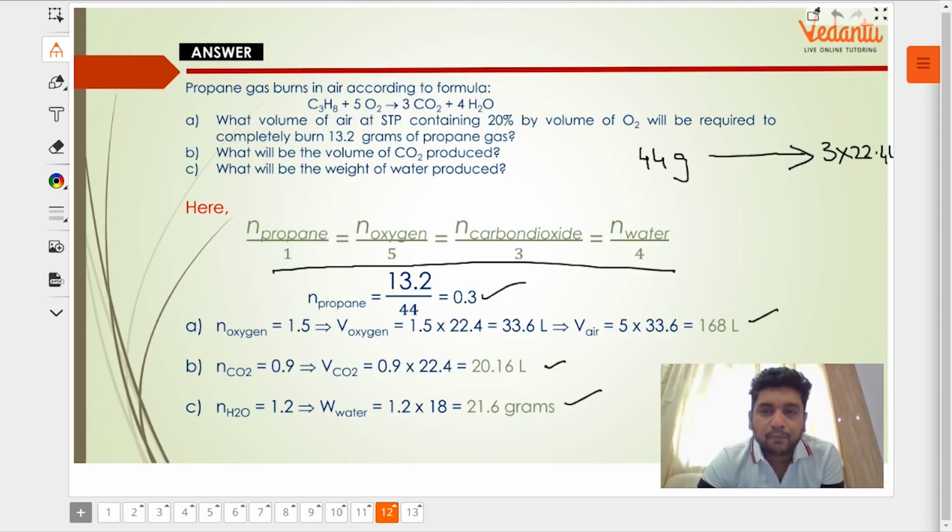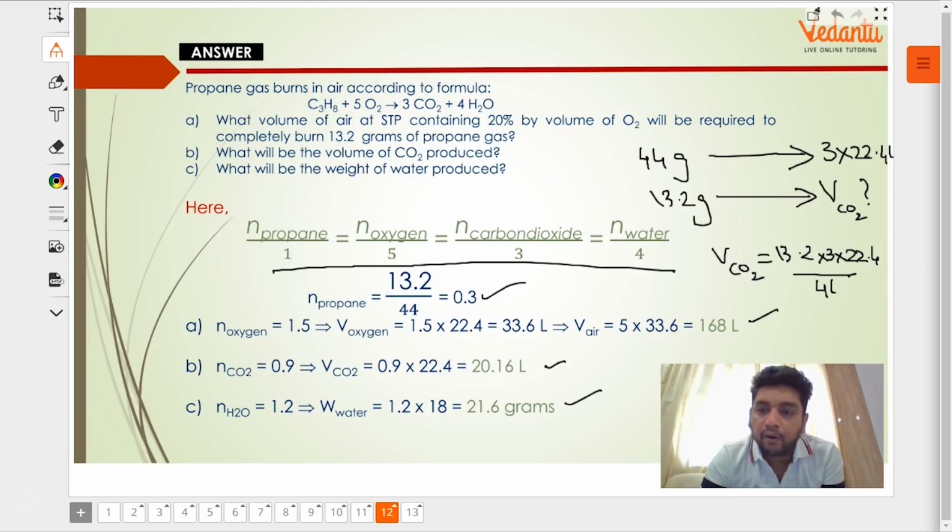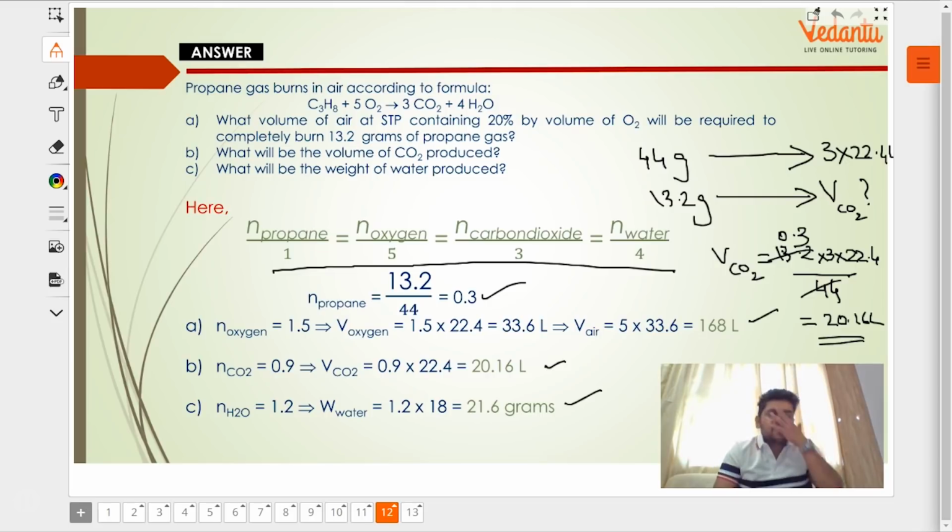Then what will my 13.2 gram give? ठीक है, volume of CO2 जो कि question mark है. Cross multiply, you will get volume of CO2 is equal to 13.2 into 3 into 22.4 divided by 44. तो ये आएगा 44 और इसके बीच में 0.3 है, तो 0.3 into 3 into 22.4, which is again 20.16 liters. तो mass volume analysis भी आप कर सकते हो, mass analysis भी आप कर सकते हो.